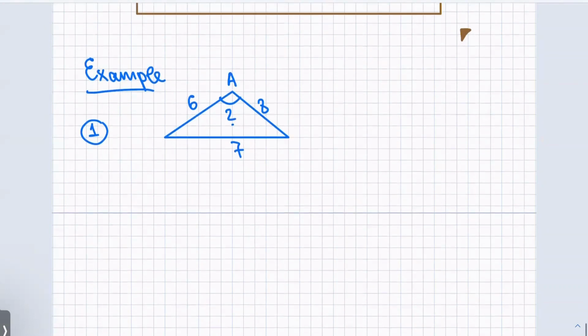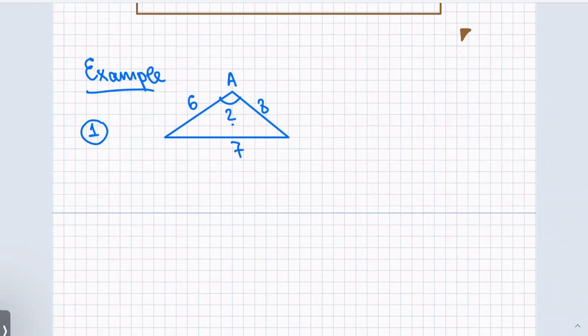So let's see how we can apply this cosine rule. This angle A is the angle that we want to find, between the two sides 6 and 8, and this is the opposite side. So how can we apply the cosine rule?